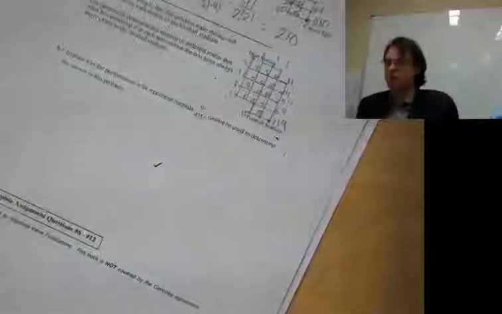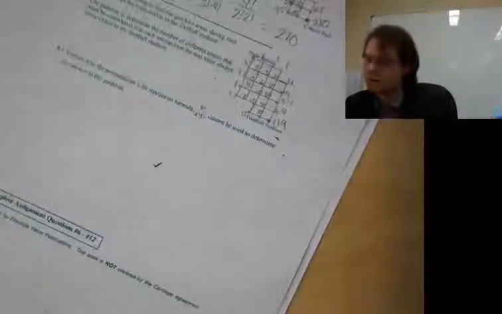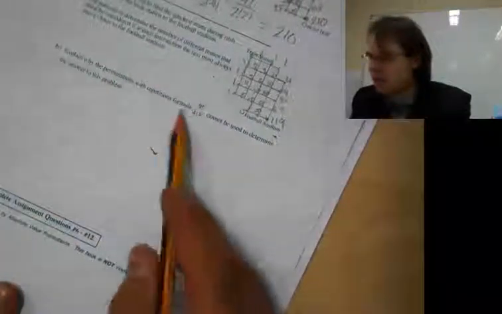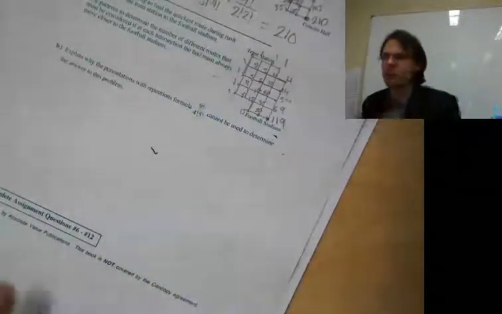So that's how we do that. Now, it says down here, explain why permutations with repetitions 9 and 5/4 cannot be used to determine this. Well, when we're using back to this formula up here, we always have to have perfect squares in order to do that.